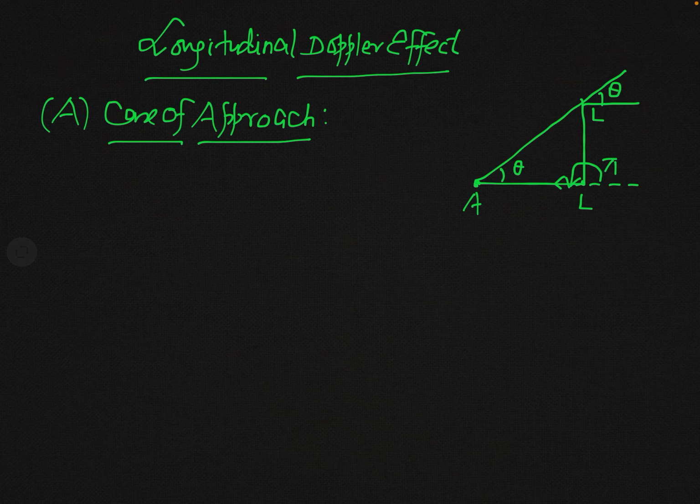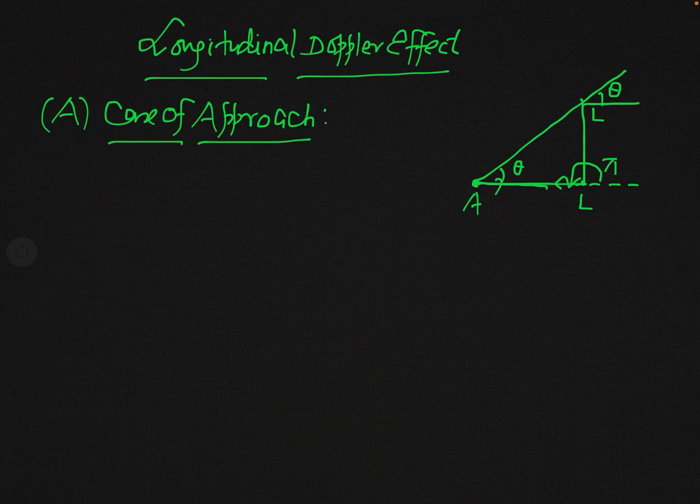In this condition, there will be actually 6 situations. In fact, broadly you can say there will be 2 situations. First one is the case of approach. When you say case of approach, what does it mean? It means either the source L and the observer A both are moving towards each other.